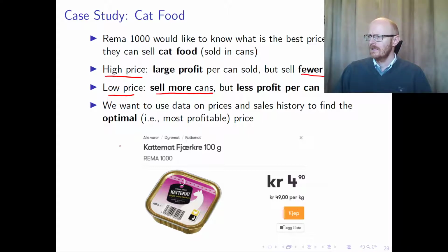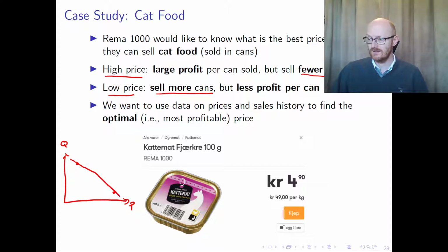Okay? So we would like to use data on prices and sales history to find the optimal, most profitable price. So what we know now is that if you have a high price, then your quantity sold is quite low. But if you have a low price, then your quantity sold is quite high. Okay, so you have this negative slope pattern.